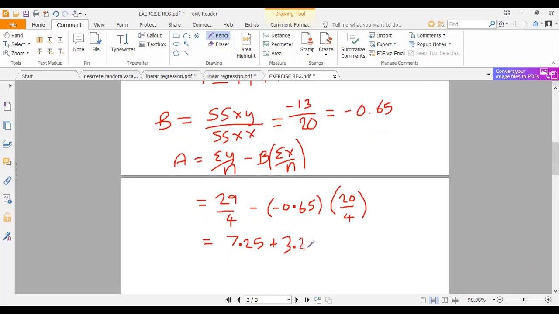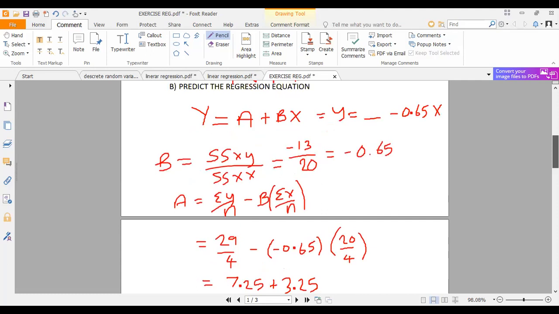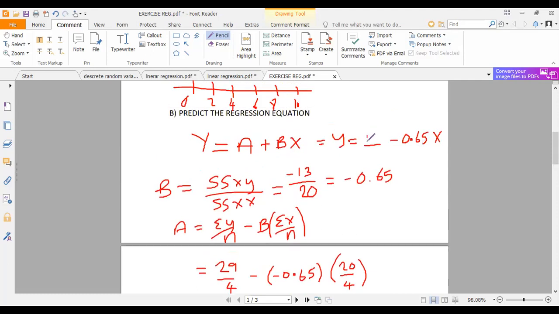The negative and the negative become positive, right? Then when you add them, what do we get? 10.5, good. So A is 10.5.